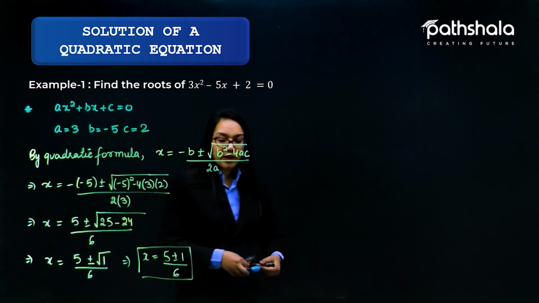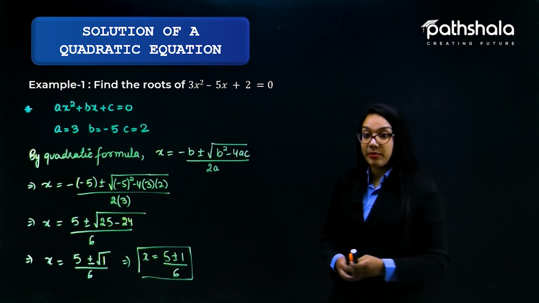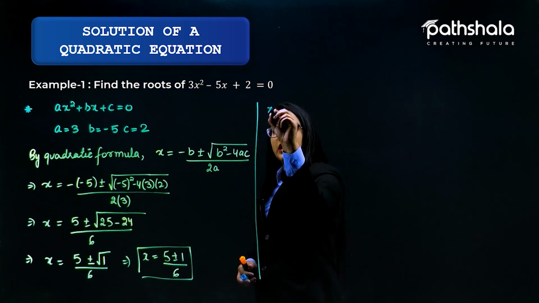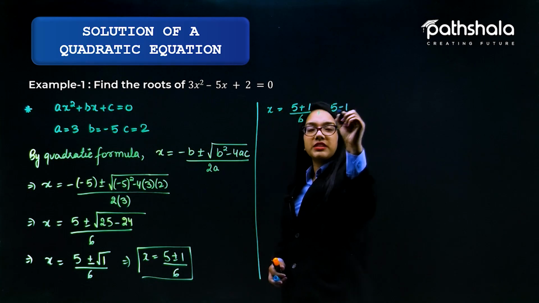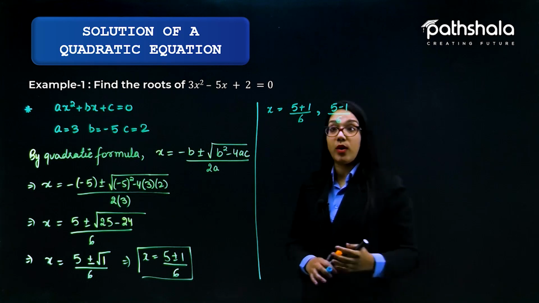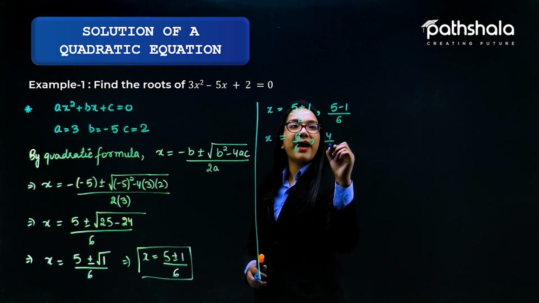Now we can take the value of x as two values depending upon the sign between 5 and 1. So we can say x is equal to 5 plus 1 by 6, or x can be equal to 5 minus 1 by 6. So x is equal to 6 by 6 and 4 by 6.